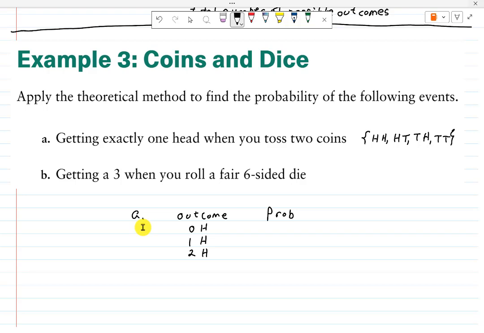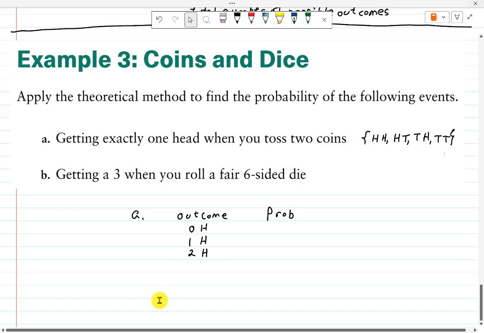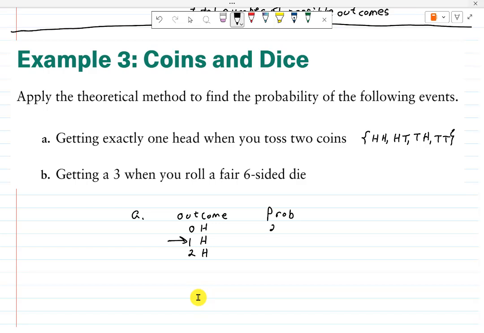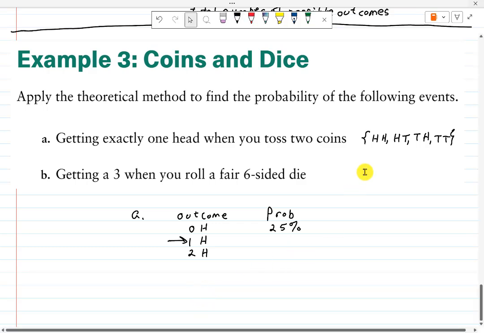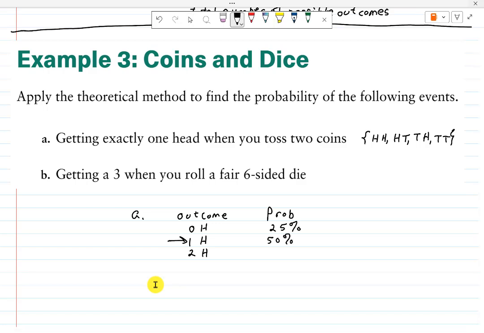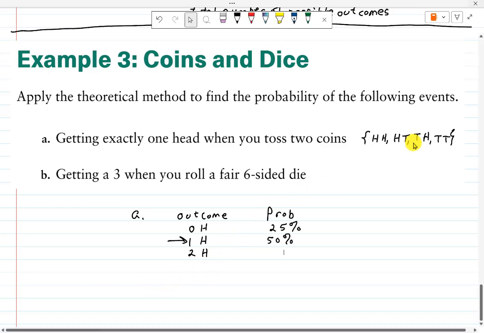All right, they want to look at getting exactly one head. So that's this situation right here. Well, we did these probabilities before. The probability of 0 heads was 25% or 1/4. The probability of 1 head, if you look, here I've got HT and TH both satisfy this, and that's a total of 2 out of 4 of these, which is 50%. And then finally, 2 heads, we see that it's over here, 1 possibility out of a total of 4.